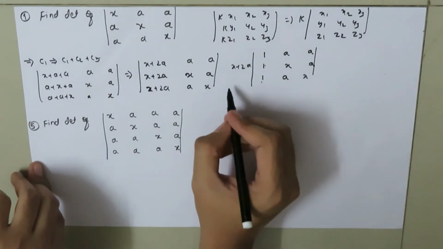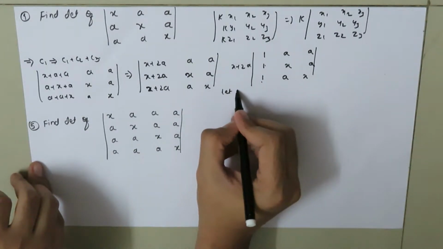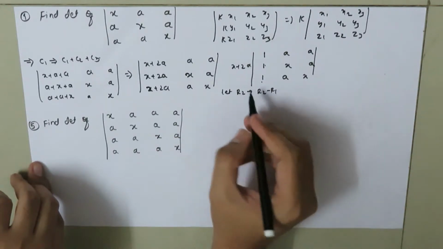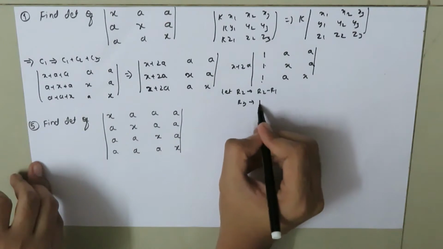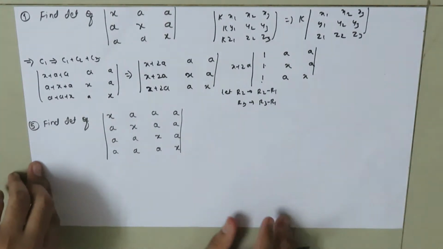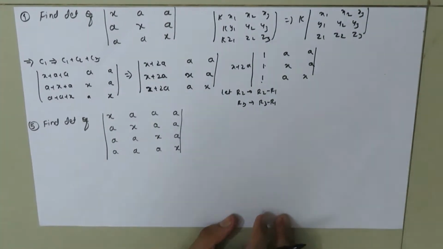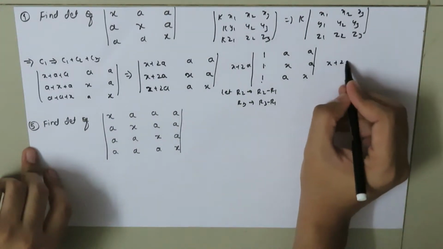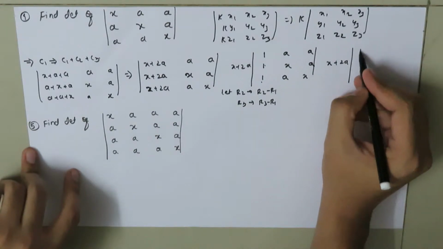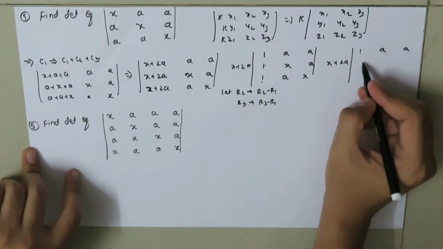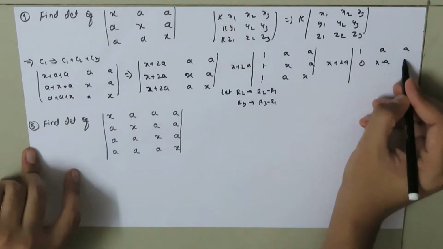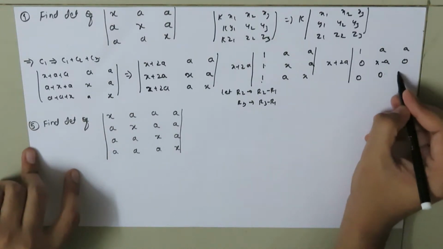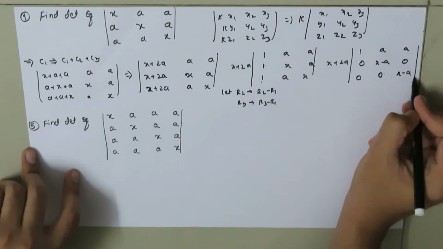So if we perform the row operation, that is let r2 be r2 minus r1, and r3 be r3 minus r1, then this determinant can be modified easily as x plus 2a times 1, a, a. This will be 0, this will be x minus a, and this will be 0, and here we have 0, 0, and x minus a.